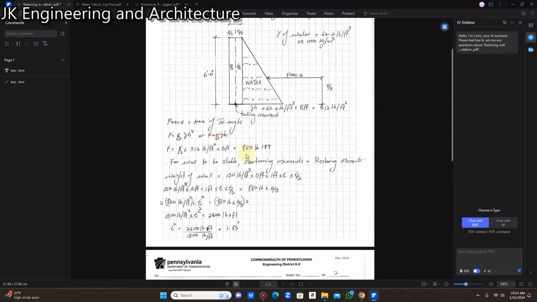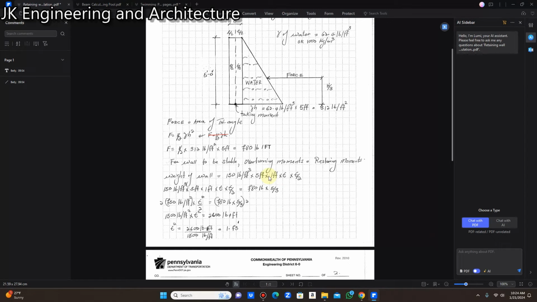Right? So for the wall to be stable, the overturning moments must be equal to the restoring or resisting moments. The weight of the wall is going to be 150 pounds per cubic foot times 5 feet times 1 foot, because we are talking about 1 unit length.